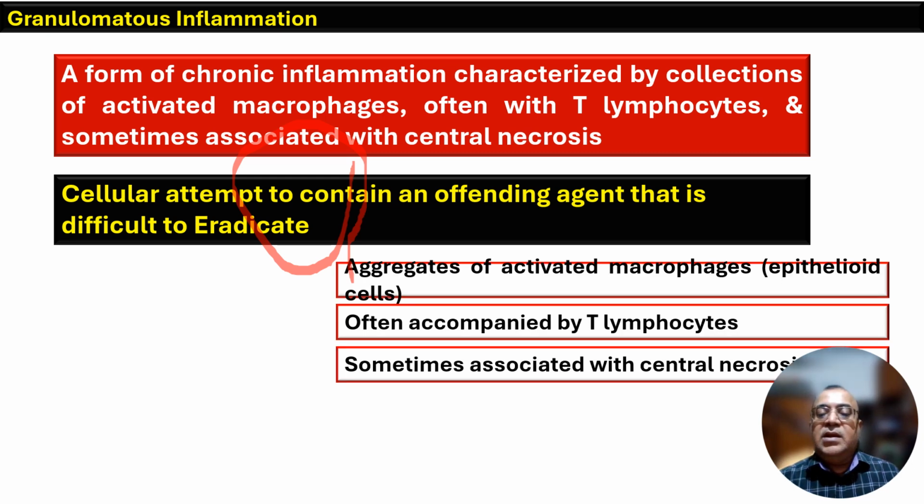The aggregates of activated macrophages are also named epithelioid cells, epithelium-like cells, and they are often accompanied by T lymphocytes, with sometimes central necrosis.